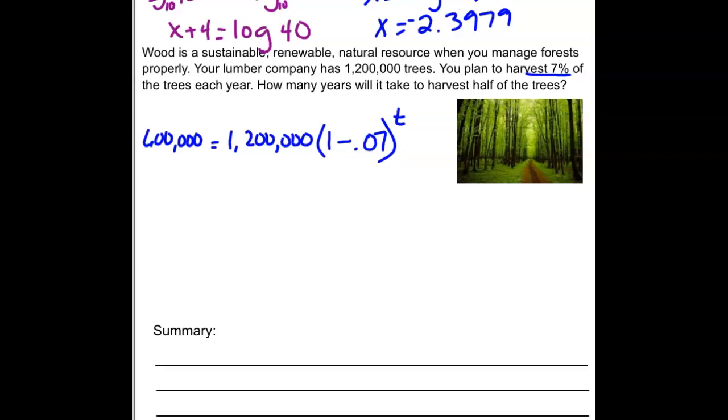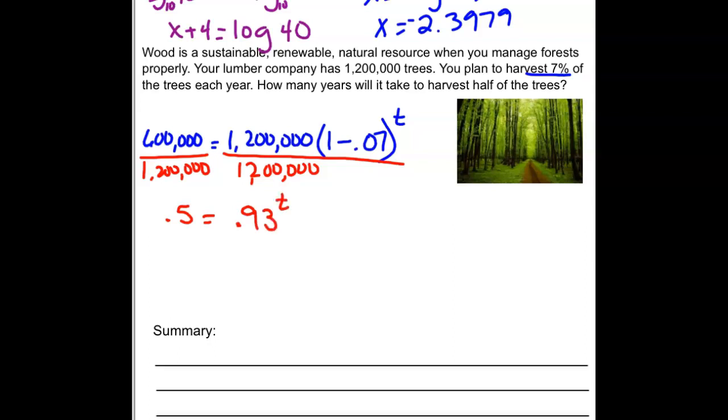Our first step would be to divide out this 1,200,000. And that's going to give us a 1/2 on this left side. On the other side, 1 minus 0.07 is 0.93. And now we can do the same thing we've been doing.